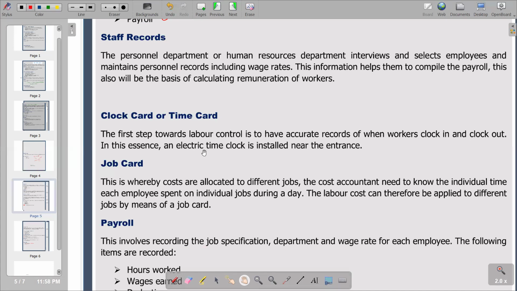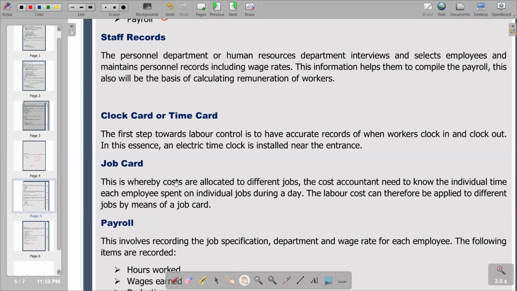In this essence, an electric time clock is installed near the entrance. Due to modern technology, there is what you call the electric time clock, which every time the worker arrives, passes through and logs in, which is different from the manual logbook that was being used in earlier years. Basically, this is what we have in terms of a clock card or a time card.